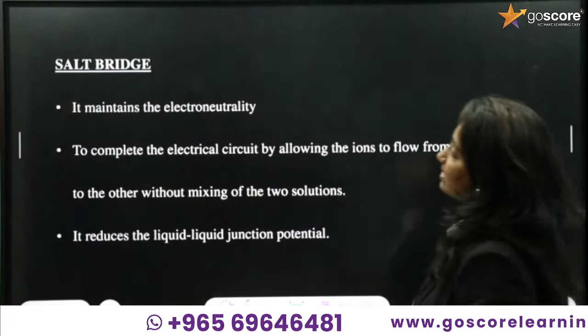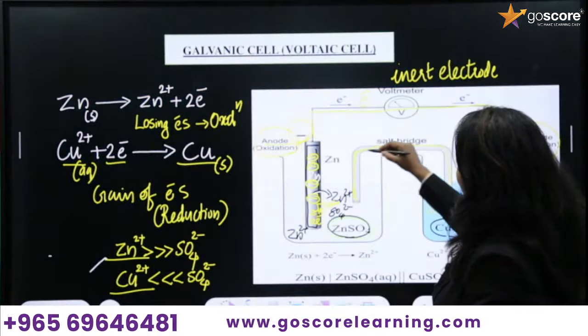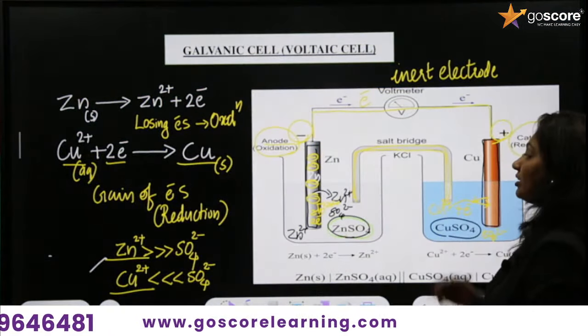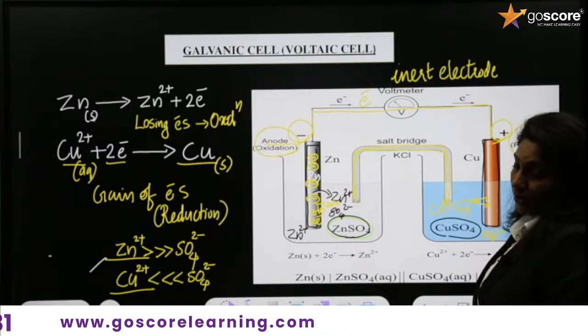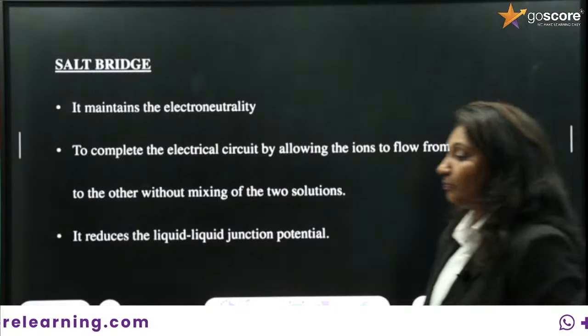Now see what is the salt bridge. Here in the galvanic cell, I told you a salt bridge is kept in between these two solutions, two beakers, right? Now let's see what this salt bridge is.